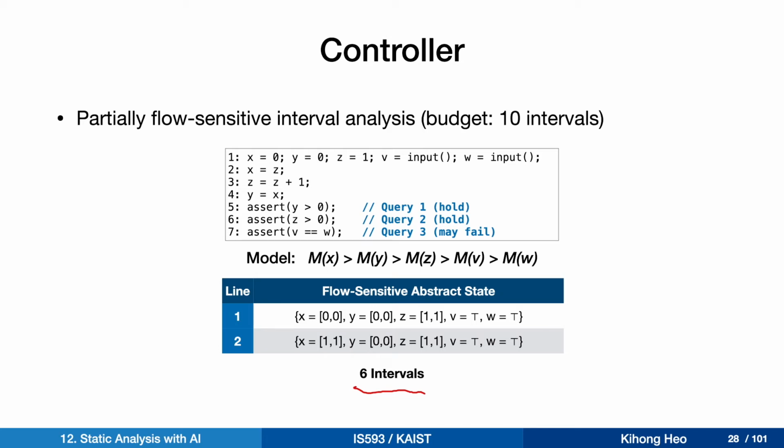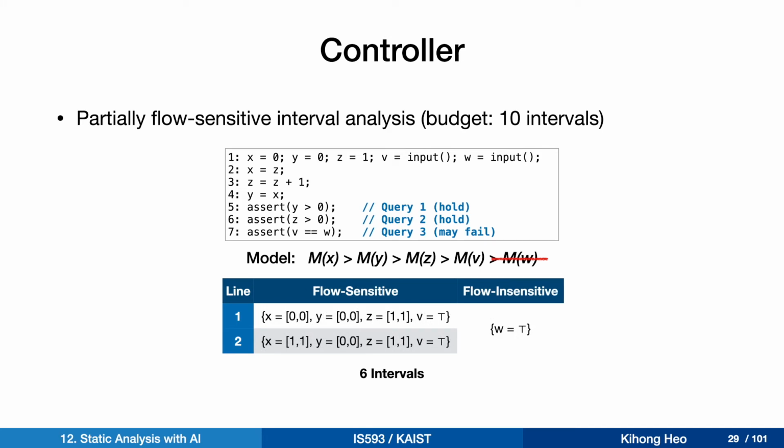So in this case, the system triggers the controller, and it will say to drop the least important variable from the flow sensitive analysis result, which means to coarsen the abstraction at this moment. So from now on, the analysis handles variable W flow insensitively, right?